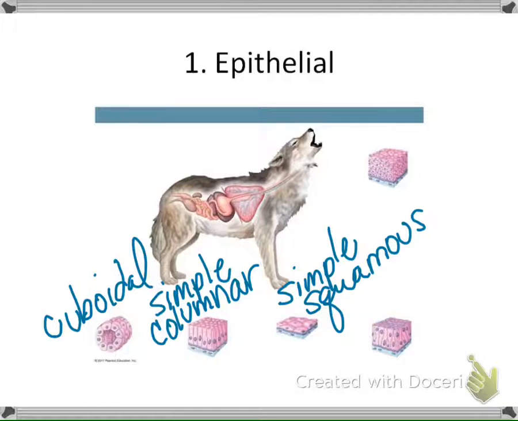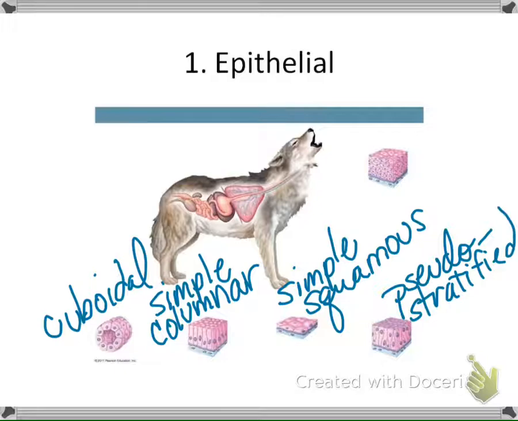Then over here you have pseudostratified columnar, all one layer. Remember, pseudo means false, so it looks like stratified columnar. It's not. It's a single layer of varying height.